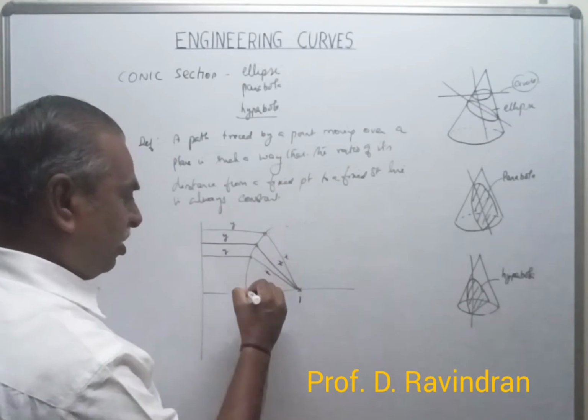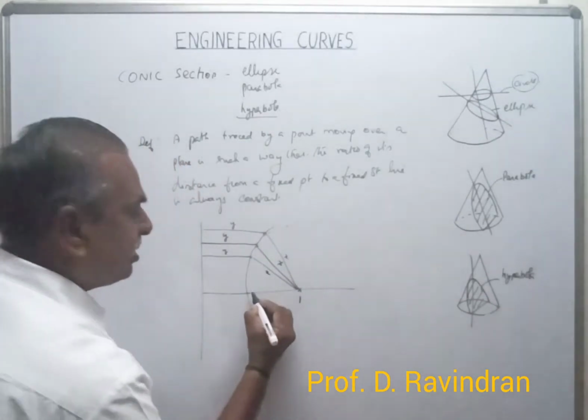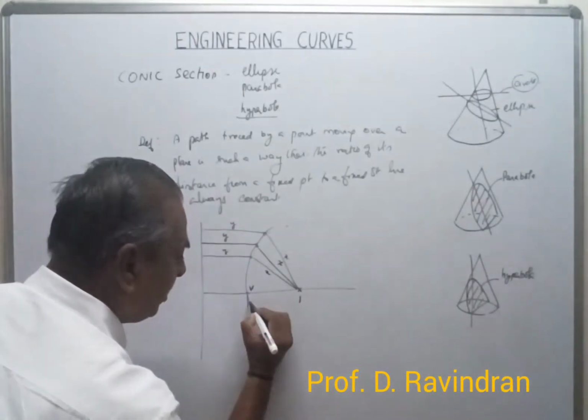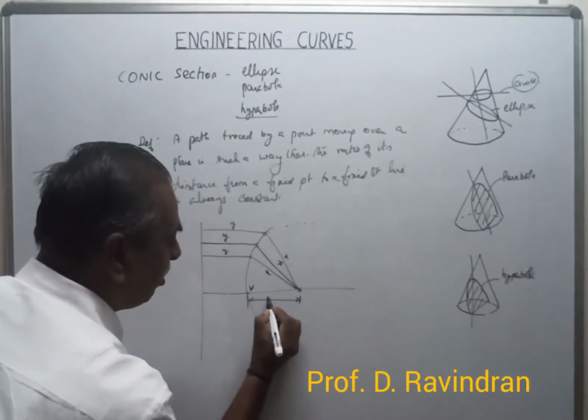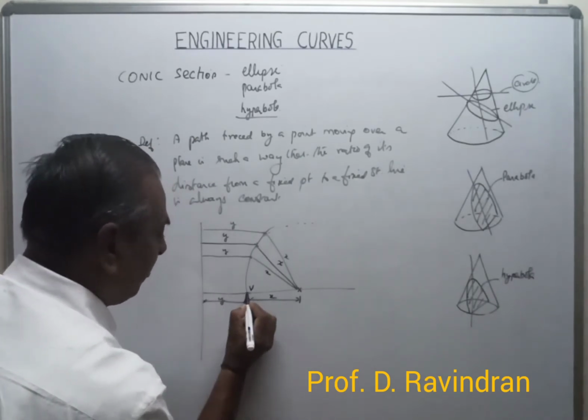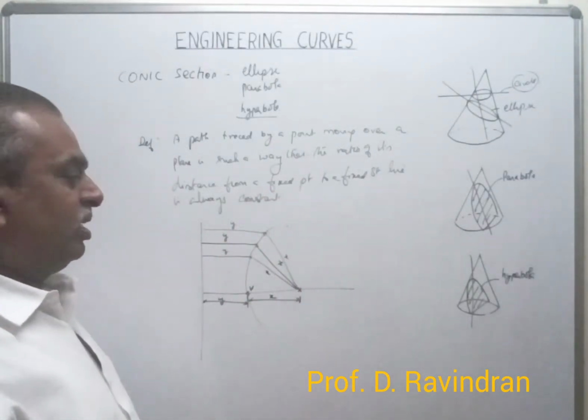When you draw the curve, it will cut your horizontal line at some point. This point is called the vertex. Here also the ratio will be maintained. That means the distance to the point is x and the distance to the straight line is y. So at this vertex point also the curve has to satisfy this condition.